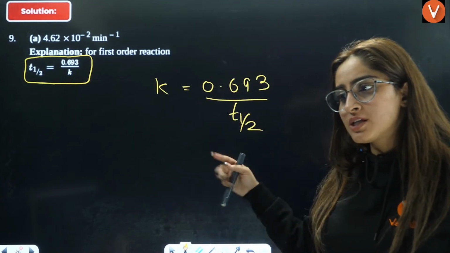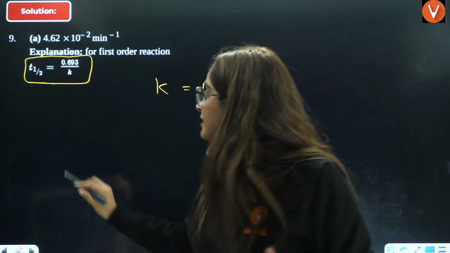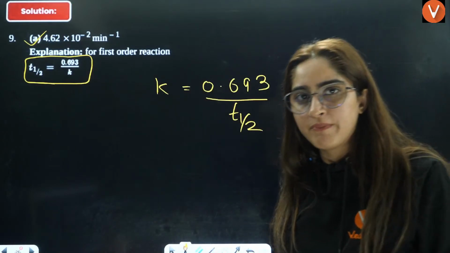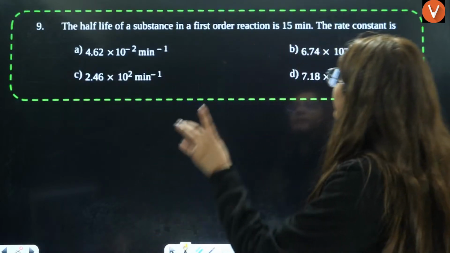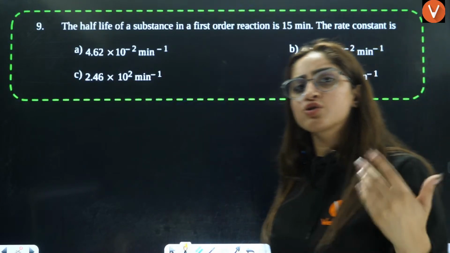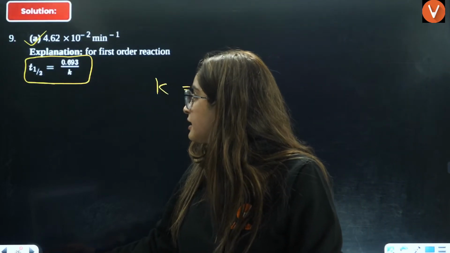Just put the T half value here and you will get the answer for K, that is 4.62 into 10 raised to power minus 2 per minute. If they have given this in minutes, the answer is also per minute, so no conversion is needed.